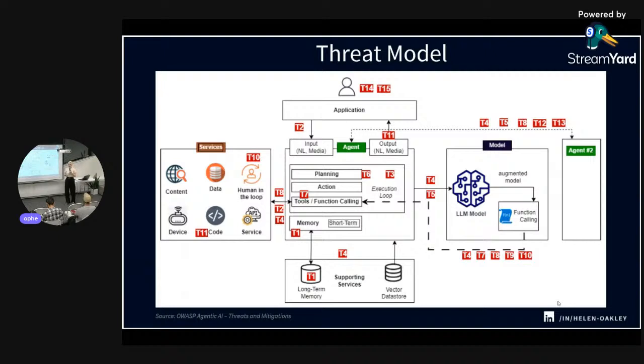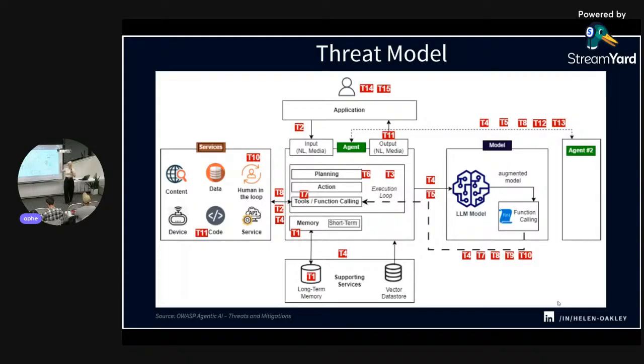What I have right now, at a high level, highlights the attack surfaces and threats listed here on different aspects. So for example, memory storage, memory poisoning. We also have human in the loop.